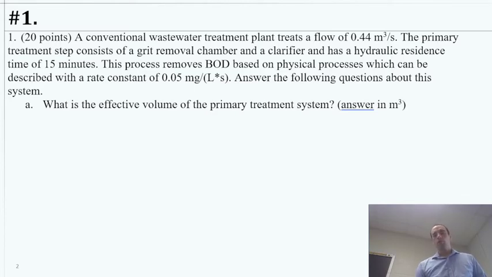So from the start here, you'll notice that we haven't really talked much about grit chambers or, yes, we have a clarifier, so it's some sort of sedimentation, but we really haven't even gotten into wastewater. So none of the context here should be something that you are worried about in the sense of applying the technical detail.